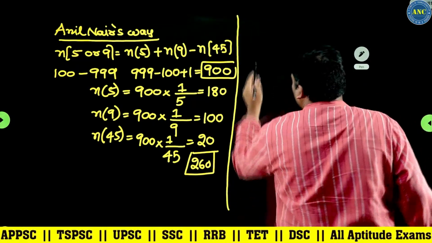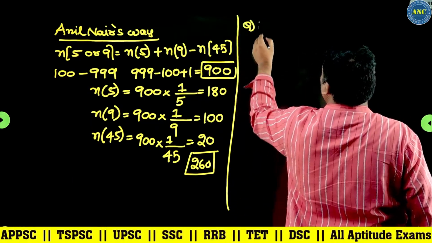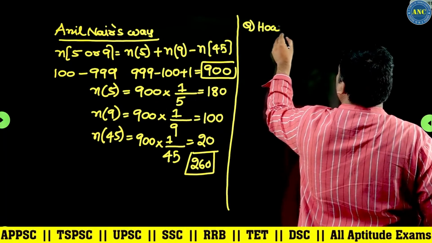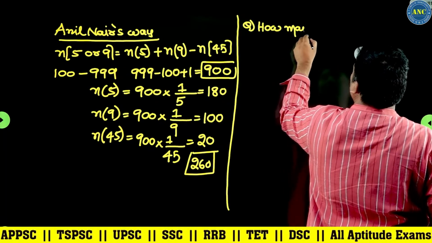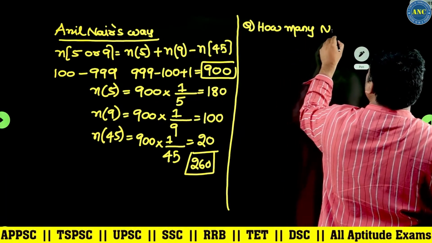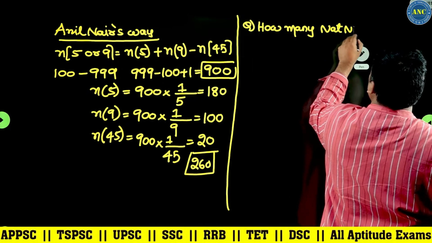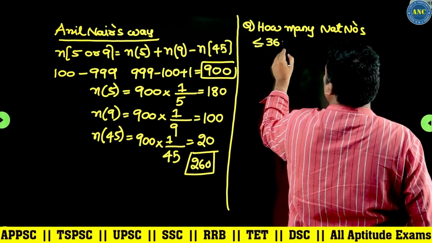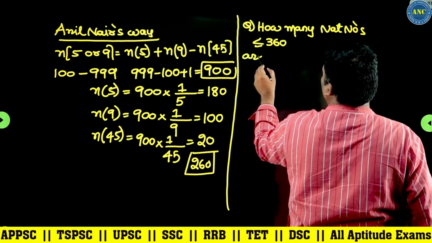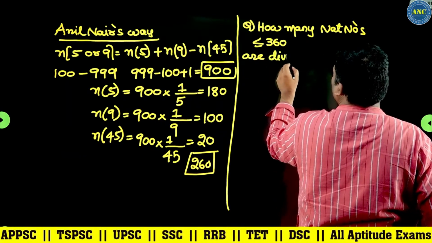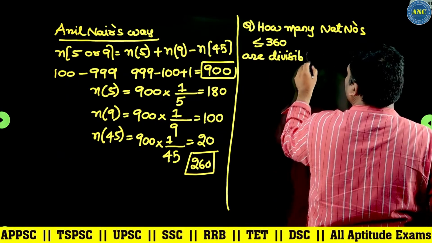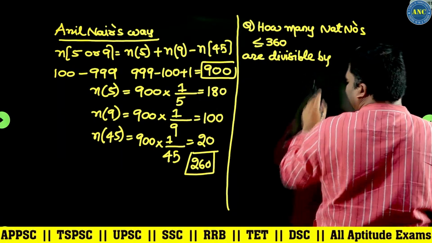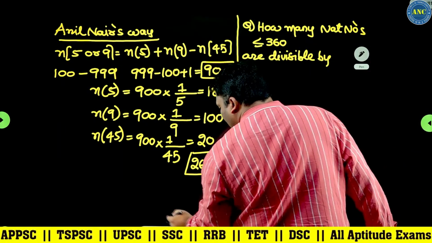Now let me take a question. How many natural numbers less than or equal to 360 are divisible by? Once you understand the left hand side process, you can solve a lot of questions like this.